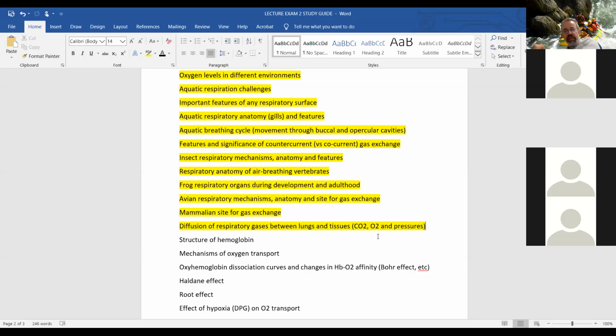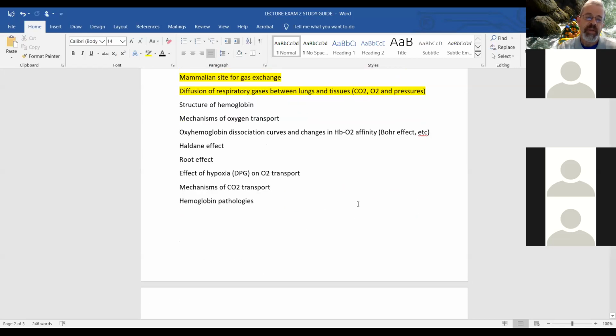It's going to diffuse in, right? Bring it back up to 100 in the pulmonary veins, back to the heart. Then you get into the circulation. It's at 100, but by the time that blood reaches the tissues it's at about 40 because the oxygen's getting used up. So there's a steady diffusion, and CO2 is just the same. Numbers are different, but it's still high to low.